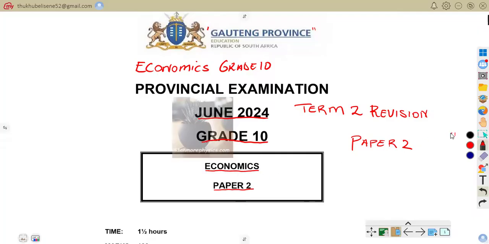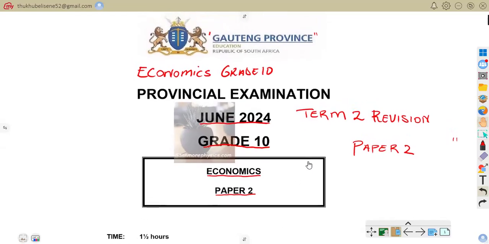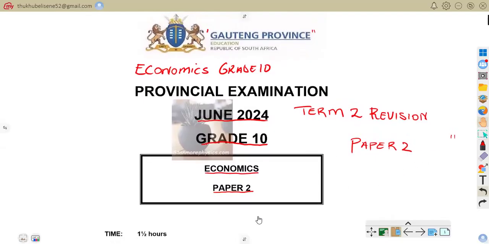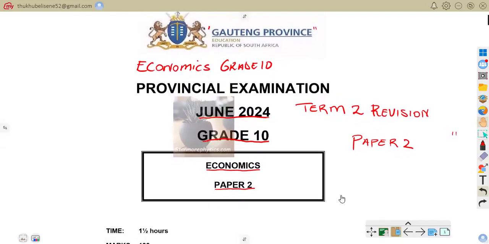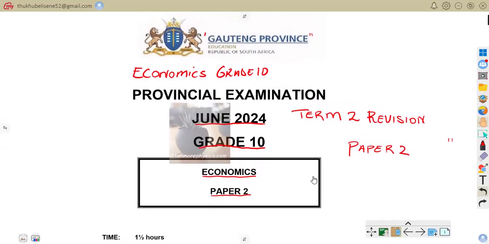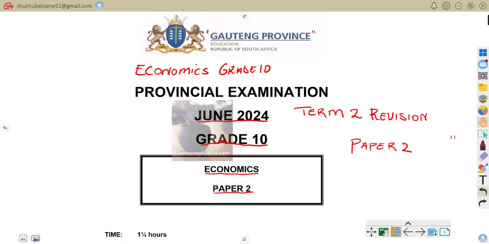So today I want us to look at paper 2 of economics. We are going to prepare ourselves with the question paper that was written in Gauteng province, June 2024. So good people, let us be together from the start of this presentation to the end of it.